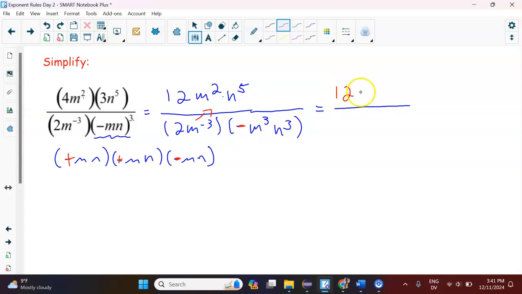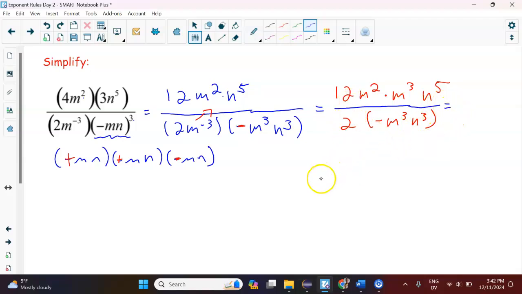So now we have 12, m squared we already had. Now we have an m cubed up there, and n to the 5th. And then on the bottom, we've got that 2 left. And then in the other parenthesis, there's a negative m cubed n cubed. Okay. And now we just keep rocking.